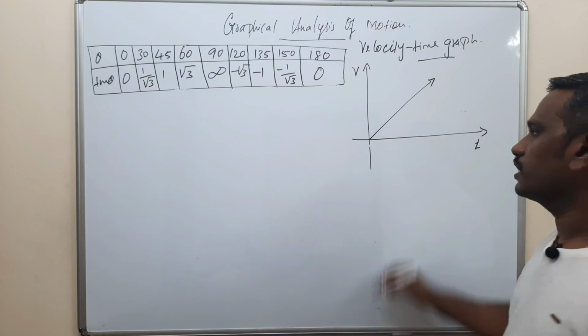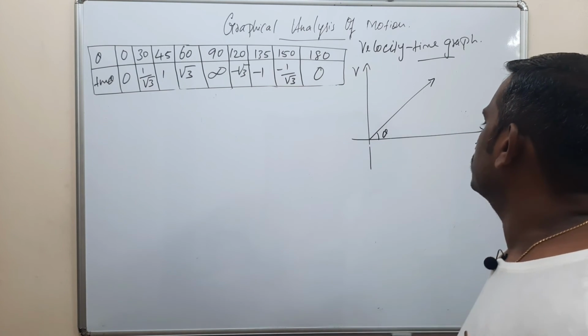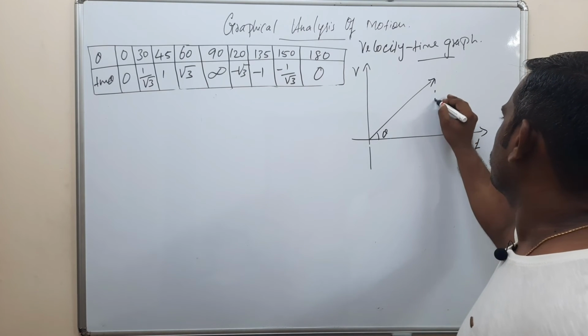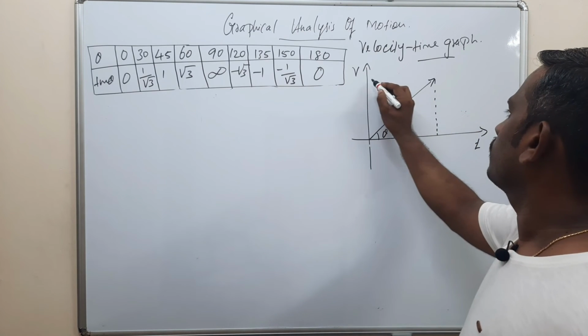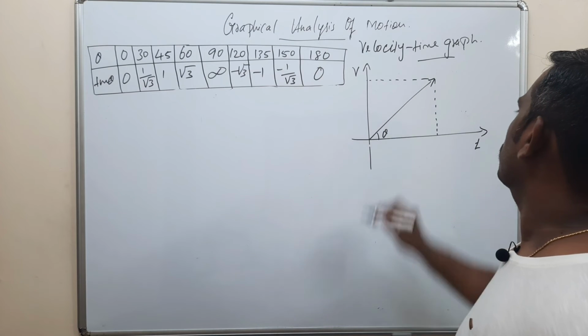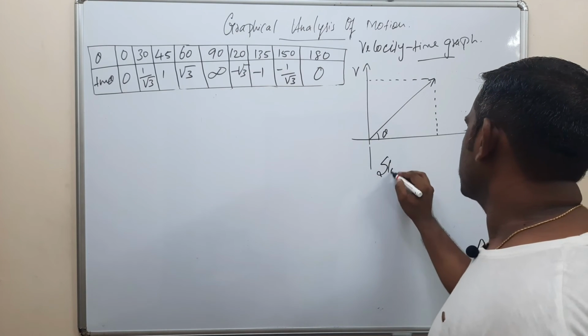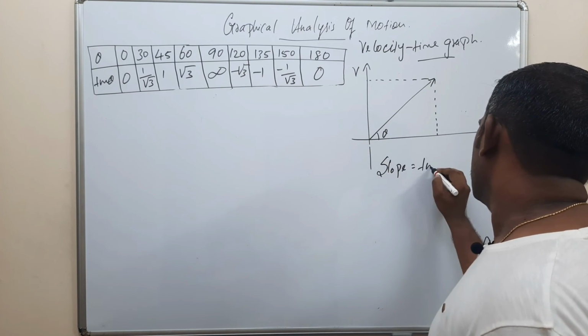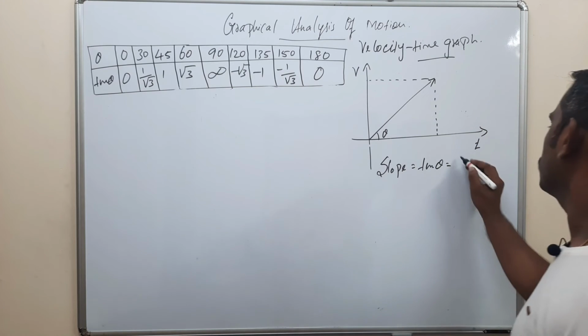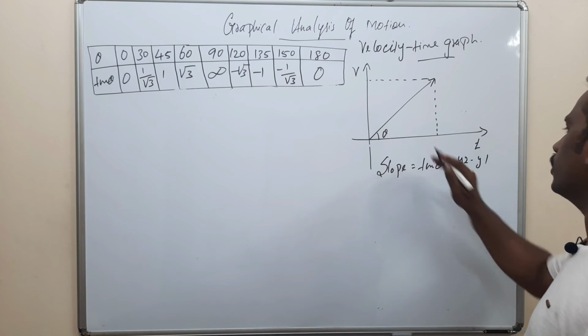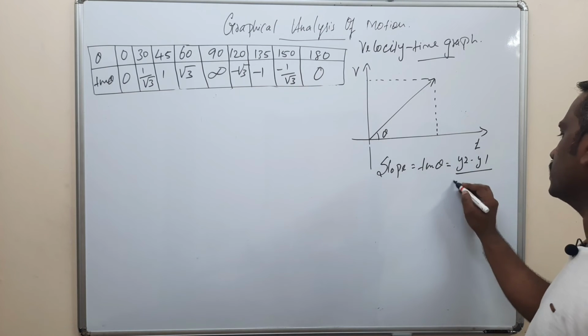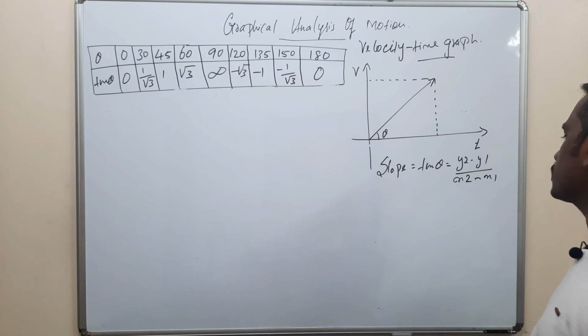So the graph makes an angle theta with the x-axis. The slope of this curve is equal to tan theta, which is y2 minus y1, perpendicular by base, that is x2 minus x1.